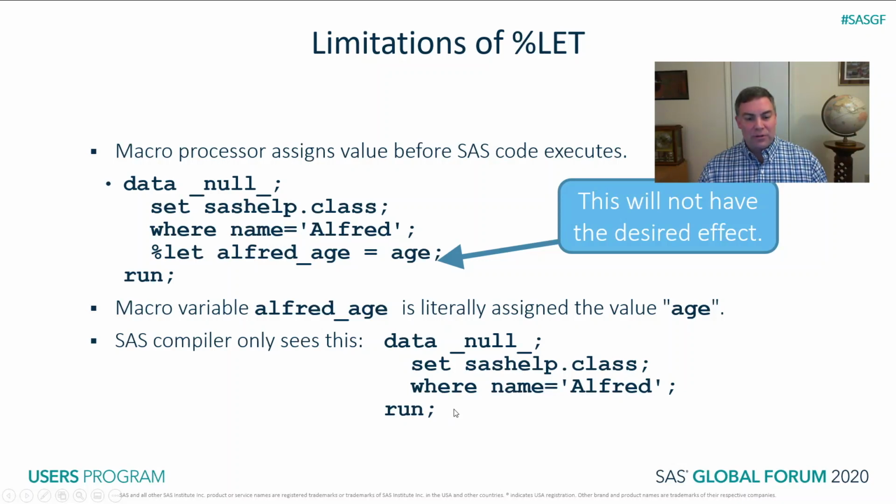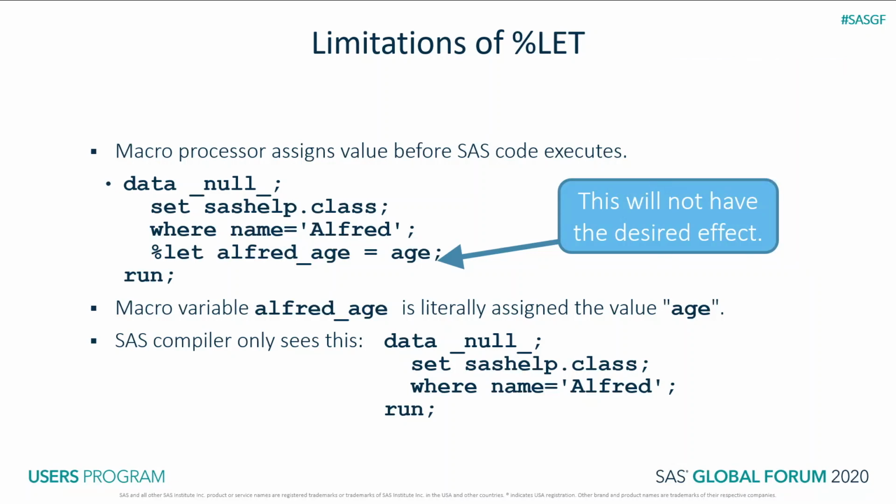So the macro variable is going to contain the value AGE. It's not going to contain the actual age that came from the data set. Because of the timing of when %let runs, we can't actually use it to get values from our data set into a macro variable. So how can we get values from our data into a macro variable?